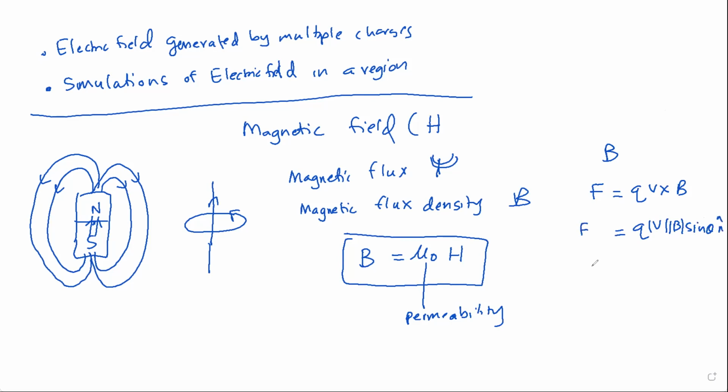By taking B as the subject, we were able to say that the unit of the magnetic field is Newton seconds per coulomb meters, which we call Tesla.